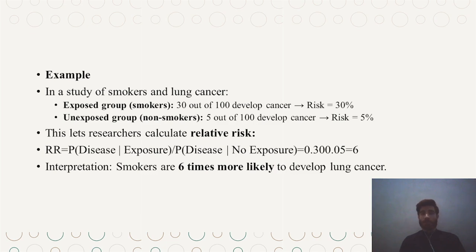So what will be the relative risk? The relative risk will be the probability of disease with exposure divided by the probability of disease with no exposure. So smokers are 6 times more likely to develop lung cancer.